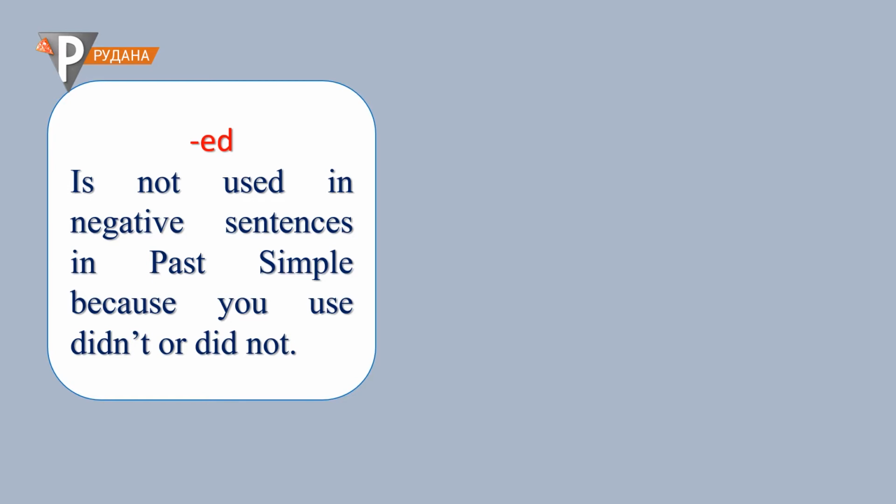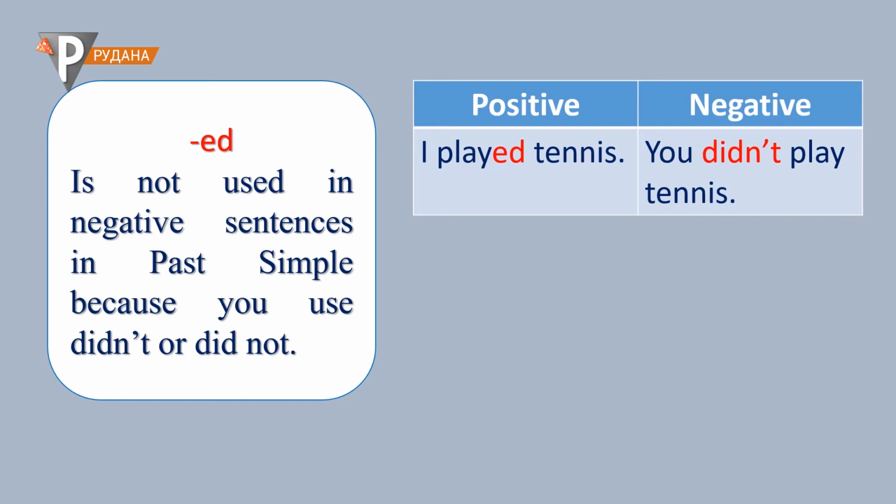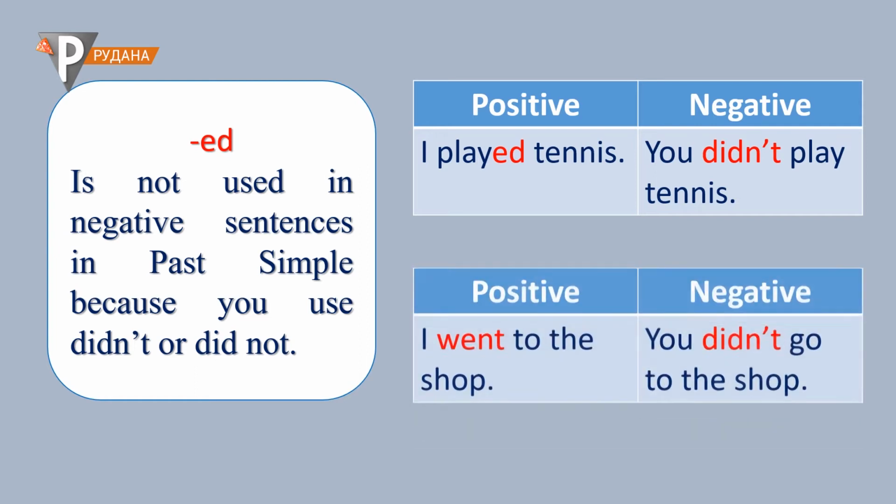Let's compare some examples with positive and negative sentences. I played tennis. You didn't play tennis. One more example. I went to the shop. You didn't go to the shop.